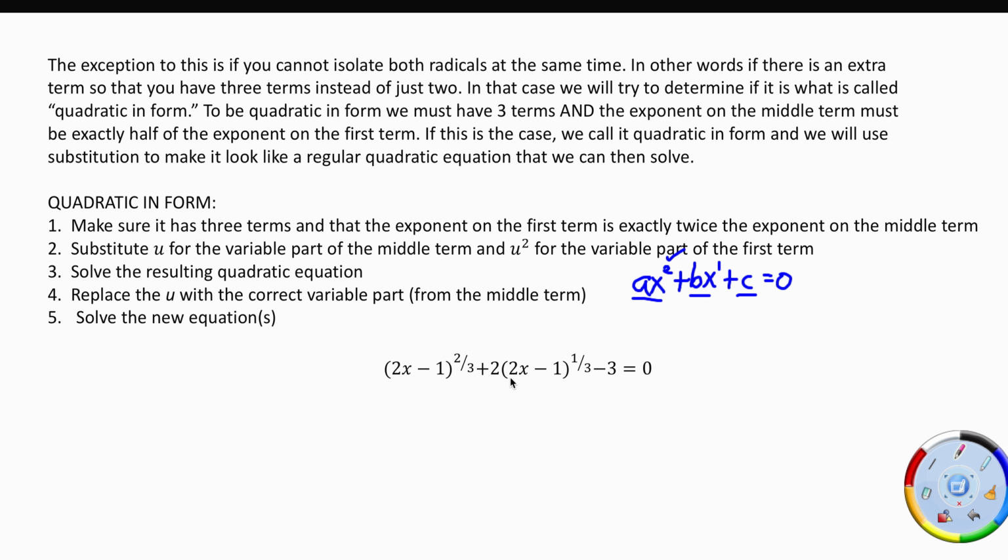Oh yeah, it means don't leave that U. And I'm just going to take this middle variable part, not the coefficient, only the variable part, and I'm going to say let that equal U. So this whole variable term, that automatically means that this first variable part equals U squared. Remember, I checked it to make sure 2 times this was sitting right there.